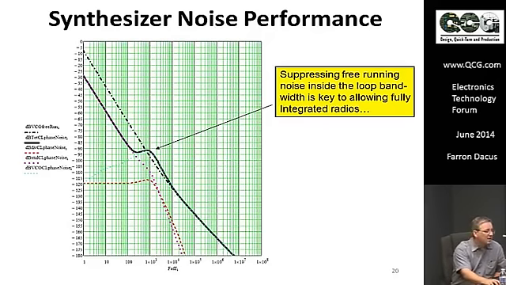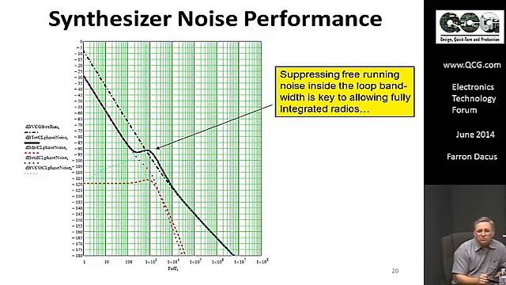But inside this is one of the great breakthroughs in integrated radios these days. Inside the loop bandwidth, we generally see this little rise above the free running phase noise, which is due to the fact that the phase margin in that loop is less than 90 degrees. As we get into loop bandwidth, it starts suppressing that phase noise. Now, in a lot of modern integrated synthesizers, you have pretty poor Q on the die, and you get poor phase noise as a consequence, because according to Leeson's equation, phase noise goes down with Q squared.